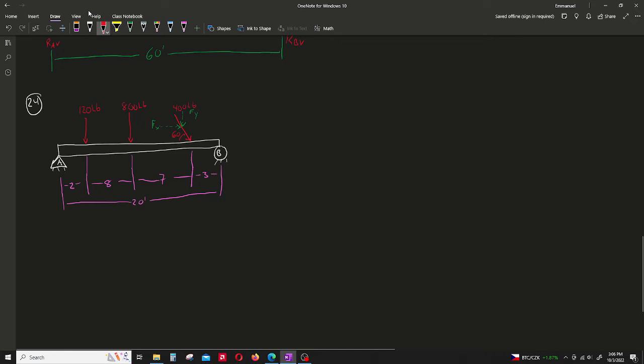So for our reactants here, we have this reactant right here, which is going to be RB in the V. We also have RA in the V. Then we also have RA in H. And so therefore our sum of forces in the x direction is equal to minus RA in the H plus 400 cosine 60.